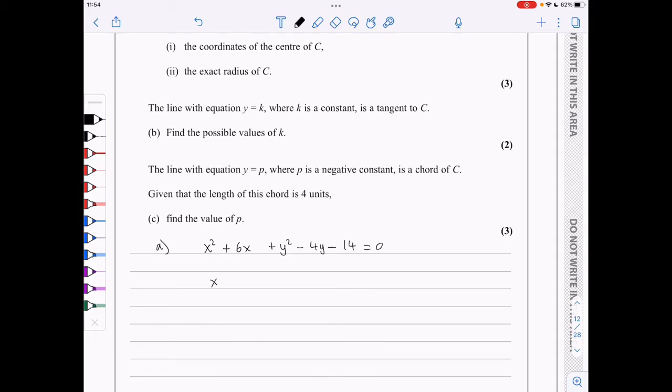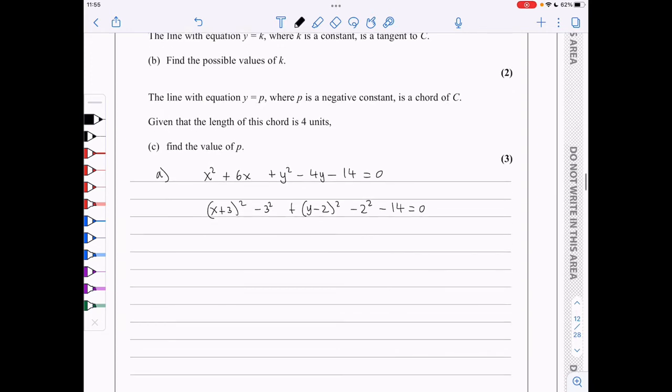So I will complete the square, x plus 3 all squared minus 3 squared plus y minus 2 all squared minus 2 squared minus 14 is 0. And this leads to x plus 3 all squared plus y minus 2 all squared is equal to 27.